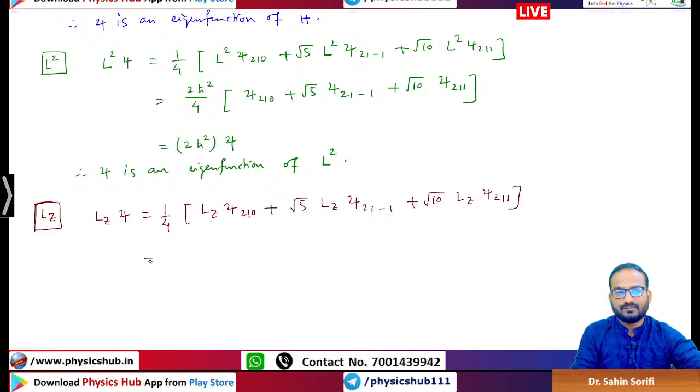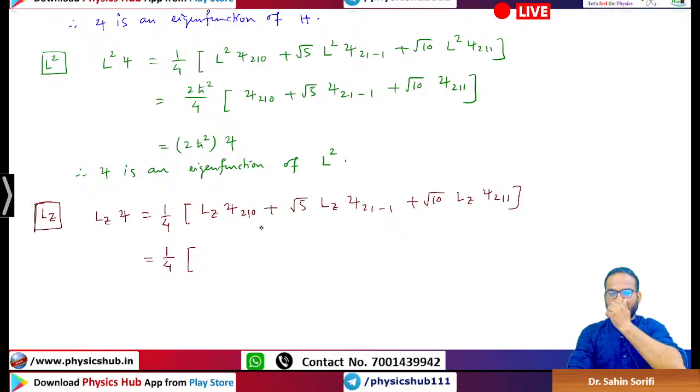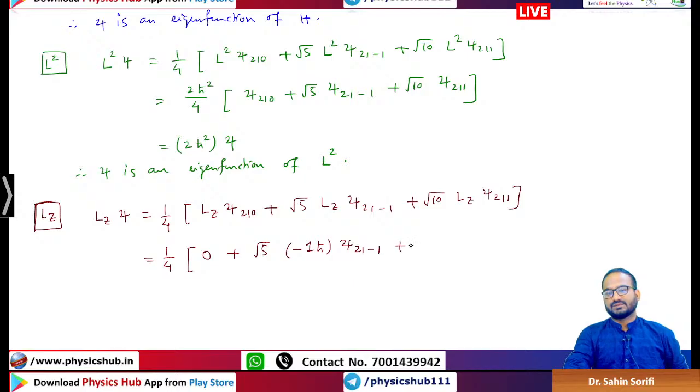Look, this will be 1 by 4. Lz operates on ML ħ, so you see 0 is here, so it will become 0 plus √5 Lz operating on -1, so -ML -1 ħ ψ2,1,-1 √10, here it is +1 ħ ψ2,1,1.